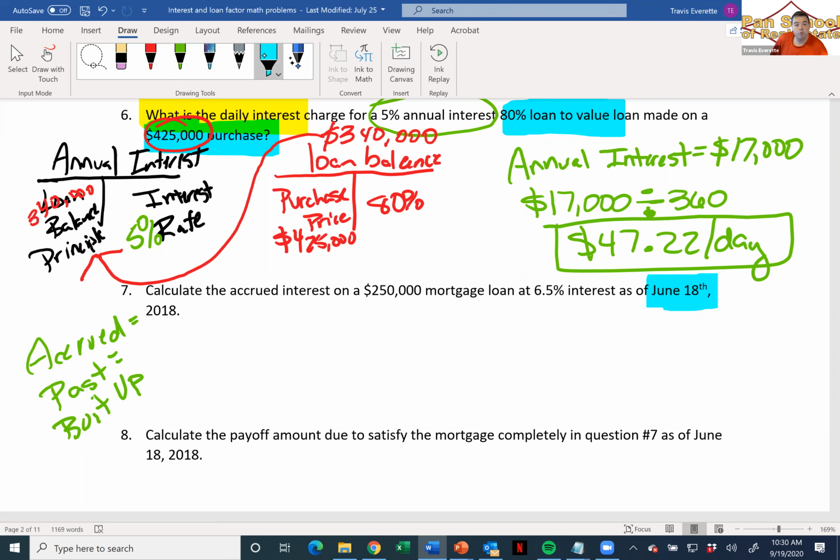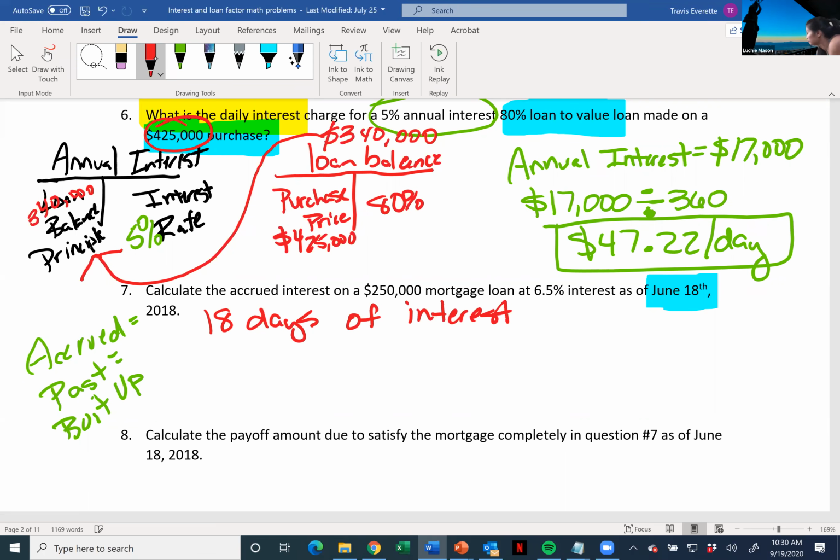If we're looking at the 18th, how many days are there since that last payment was made, which was made on June 1st? 18 days. So what we're really asking for here is how much is 18 days of interest? Does that make sense for everybody? The accrued interest is just 18 days worth of interest on this loan.